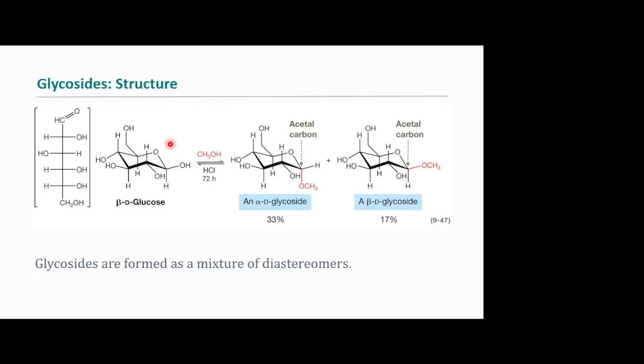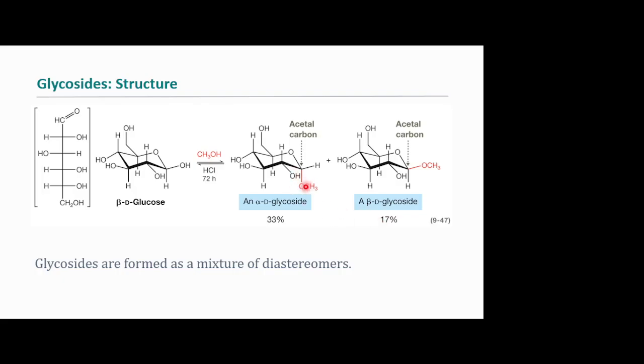But what it's going to be is, see this carbon here? Okay, if you're on the same side as that carbon, you're going to be a beta. If you're on the opposite side, you're going to be an alpha. Okay? And so this one's a beta, this one's an alpha. All right. And so that actually gives you diastereomers of these 2 D-glycosides right here, if you do this reaction.